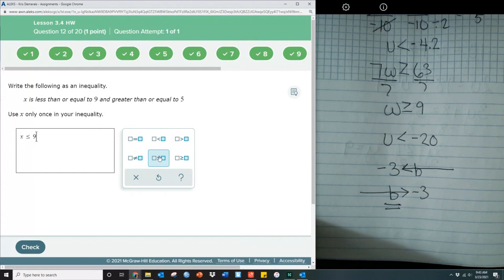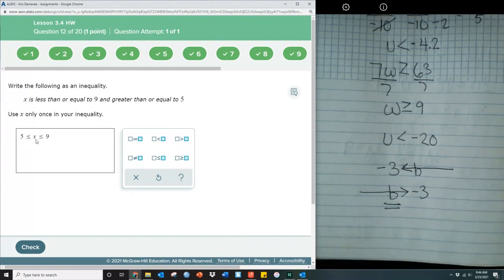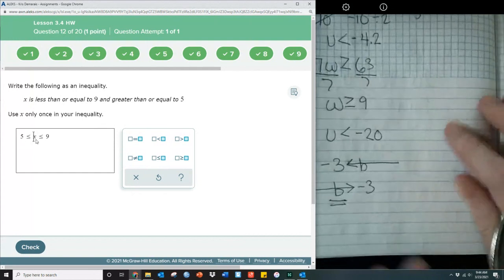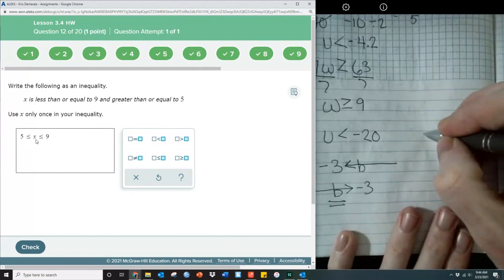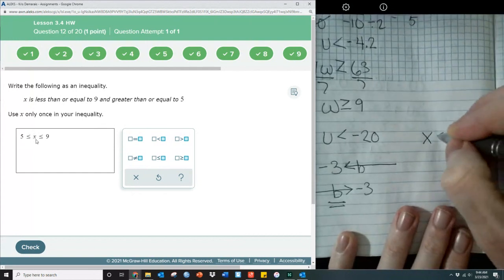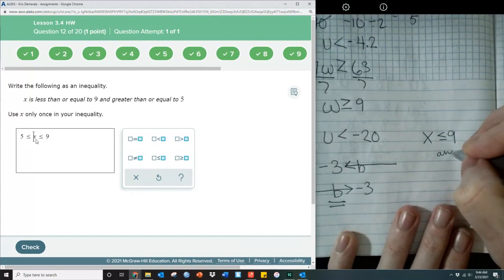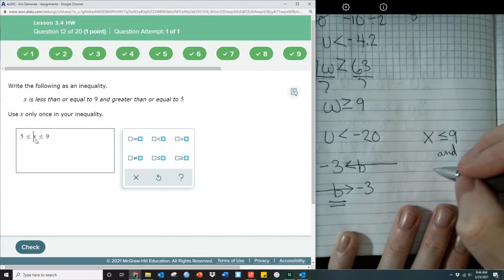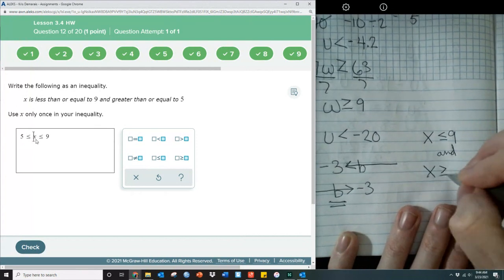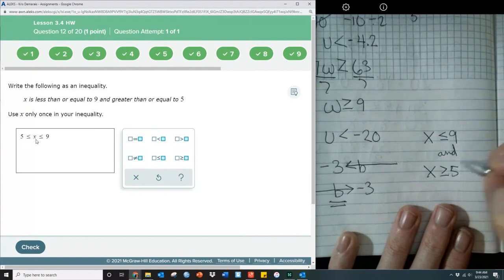And greater than or equal to 5. Well, if it's greater than or equal to 5, then unfortunately I'm going to do a compound inequality like that. So this is a way of saying that. Let me write that down, though, because that's probably going to get you a little bit upset. When we look at it, we could say X is less than or equal to 9 and greater than or equal to 5.